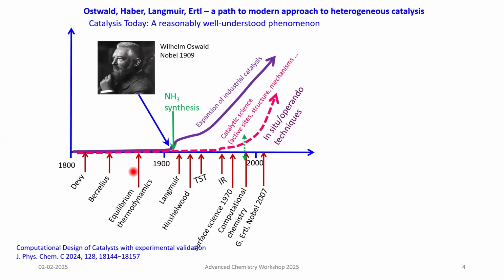From 1900, this is the time where Davy, Berzelius, all the equilibrium thermodynamics was picking up, the subject was being developed, and then somewhere around 1900 onwards the catalytic activity started picking up. You see this line, expansion of industrial catalysis.